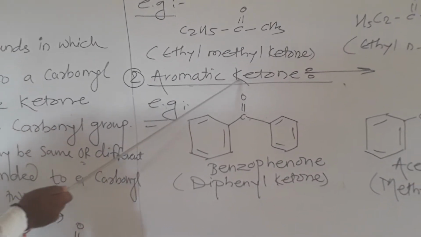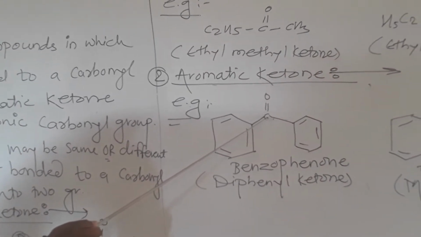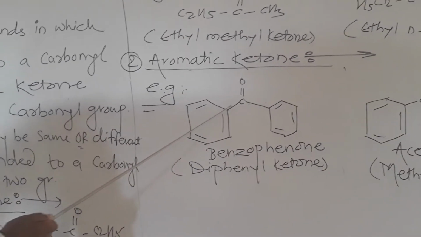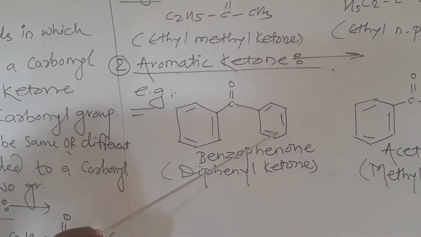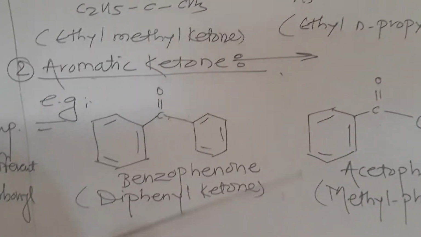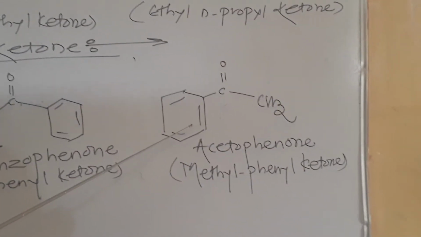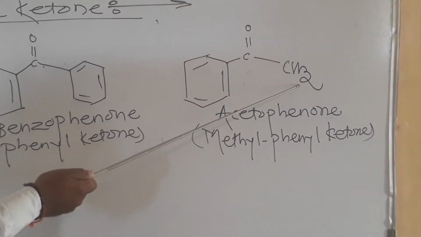This is the carbonyl group, and the two valences of this carbonyl carbon are satisfied by the two benzene rings. In another example, one valence is satisfied by the benzene ring and the other by the alkyl group.